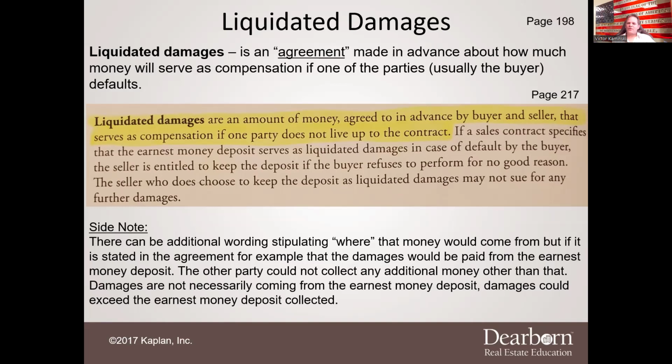Now, it doesn't specify where that money's coming from, because if it did, then the seller cannot get any more than whatever money is where they specified that they're taking it from. For instance, if a liquidated damage agreement said that the buyer would forfeit their deposit money to the seller if they breached the contract, well, then the seller would not be able to get any more money than what the buyer put down.